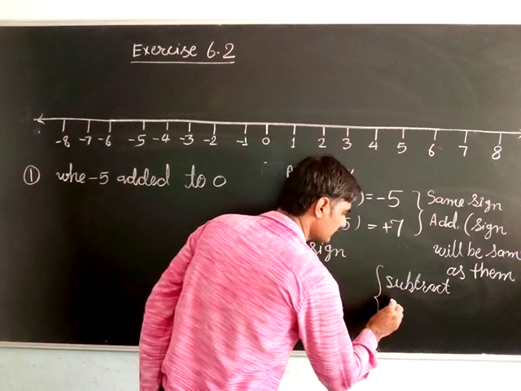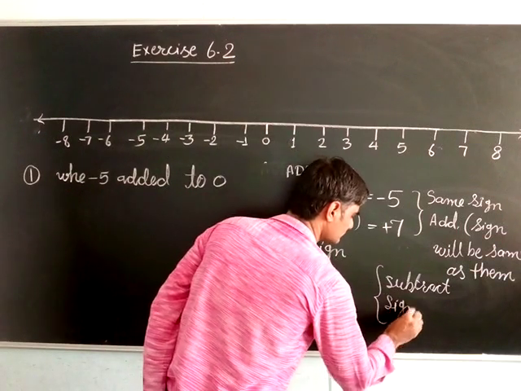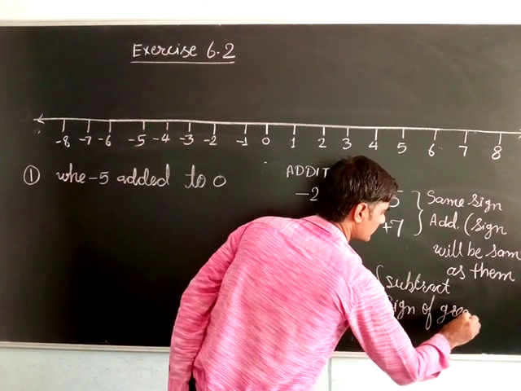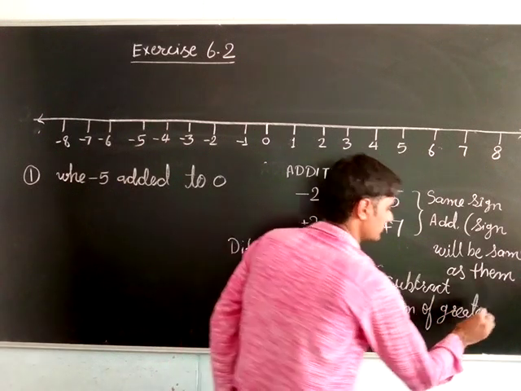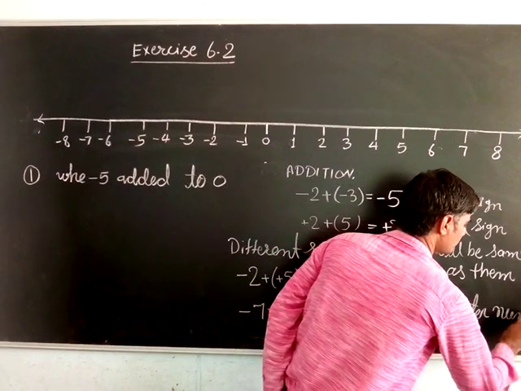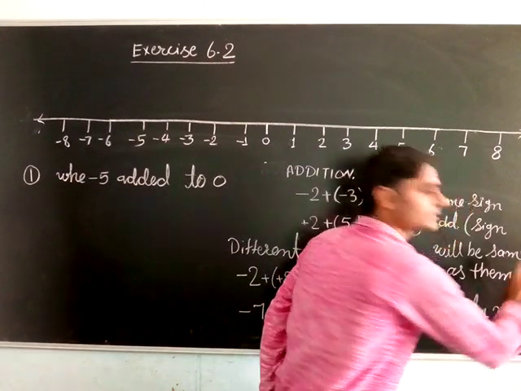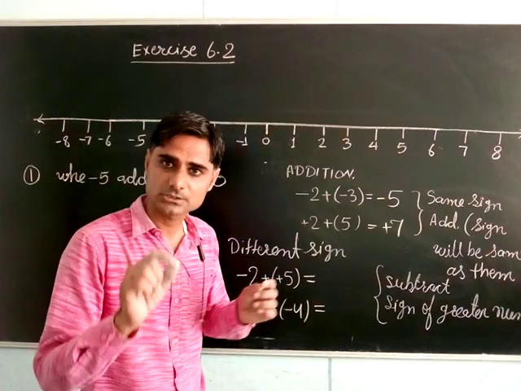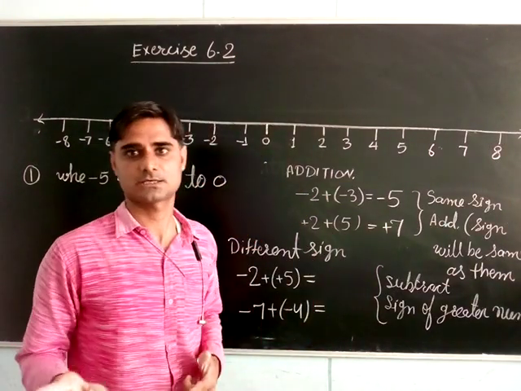What sign we will take? Sign of greater number. Right? Sign will be of greater number. Greater number means which one is greater in these two? Just look at the same and write the same.